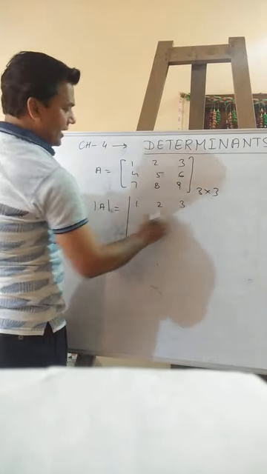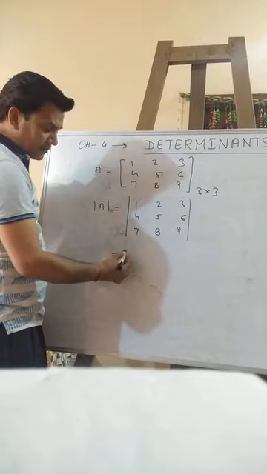We can expand it according to any row or any column. We get the same value, there is no difference. I am going to use the first row and expand according to it.